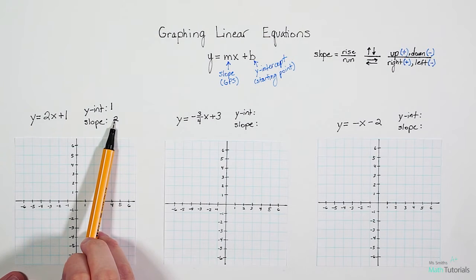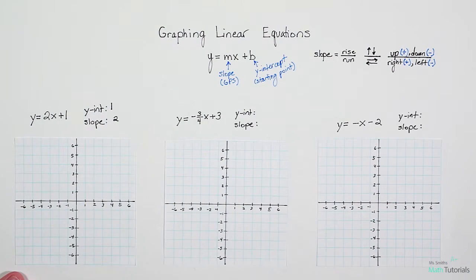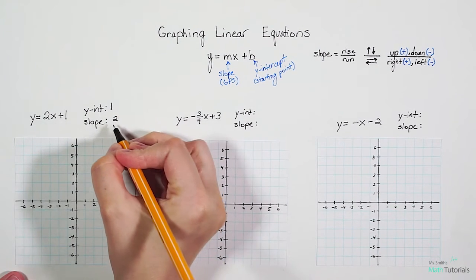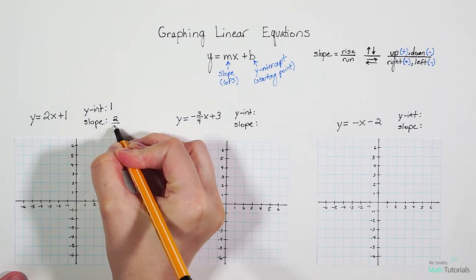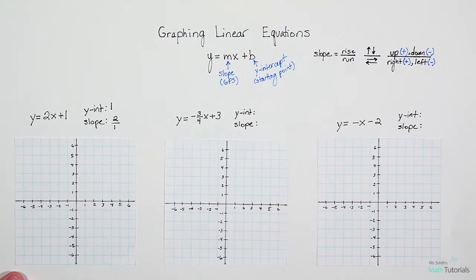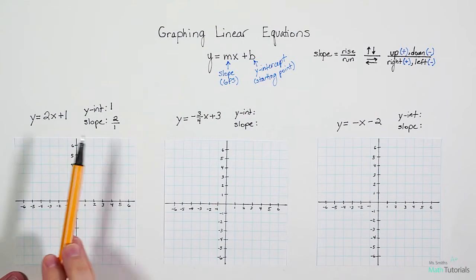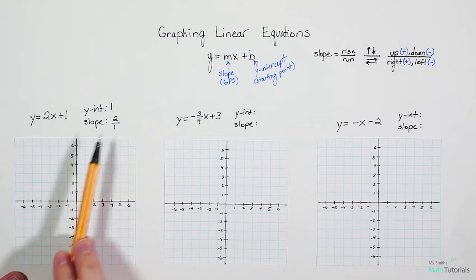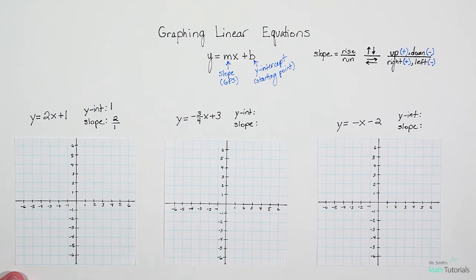However, I can easily make it a fraction. I can make anything a fraction by putting it over a positive 1. So 2 and 2 over 1 are the same thing. It's better to see it in this form when we're graphing, and you'll see why in a little bit. It's going to make it easier.